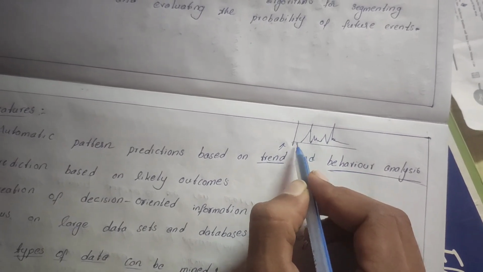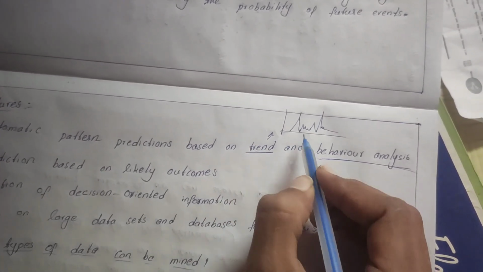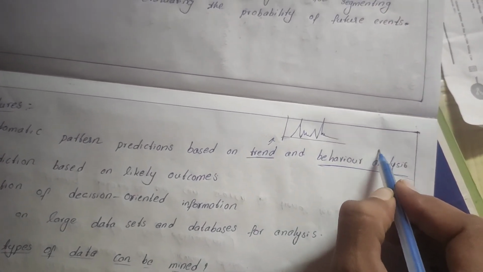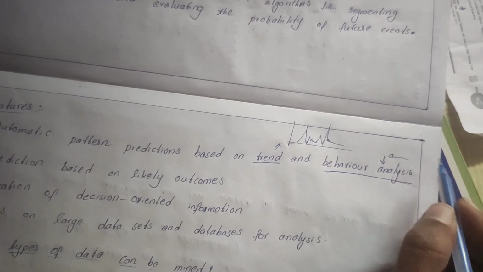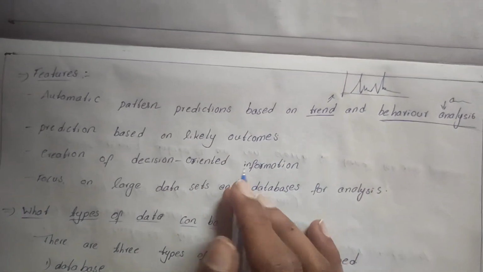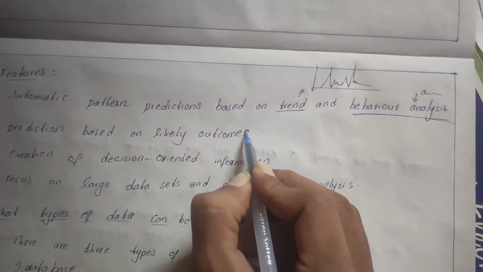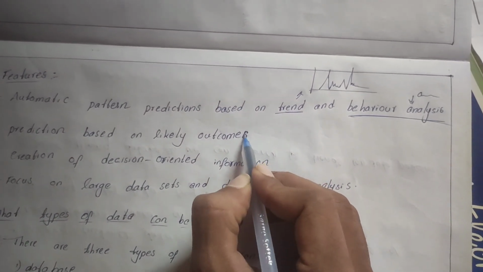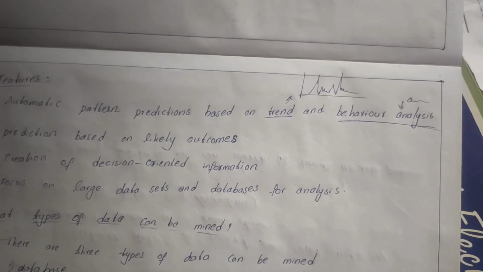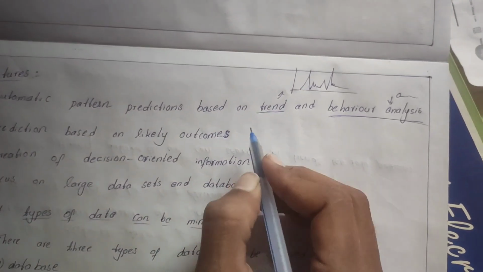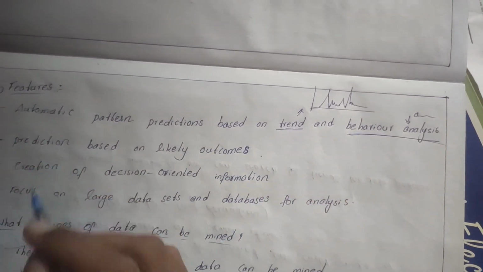By predicting patterns from trends and using behavior analysis. Next, predicting based on likely outcomes. We can get outcomes, and by using these outcomes we can predict.